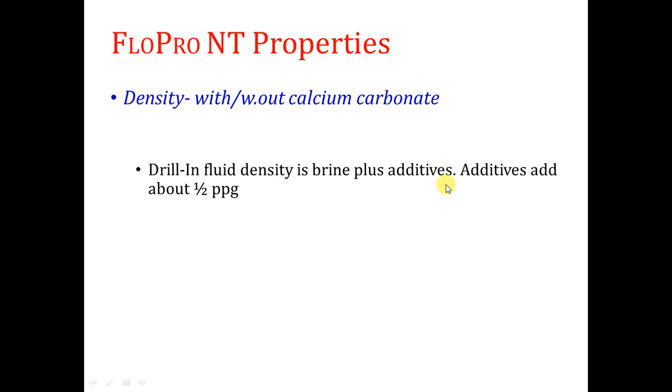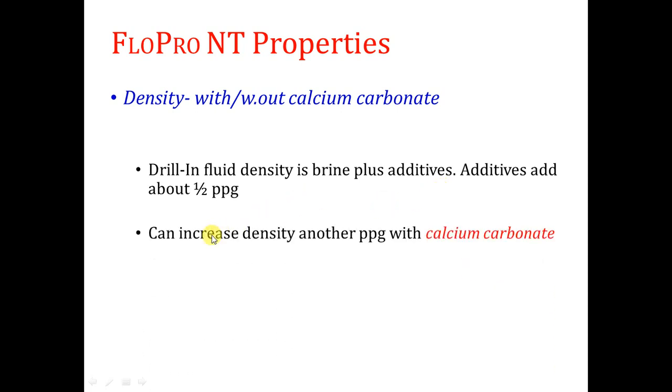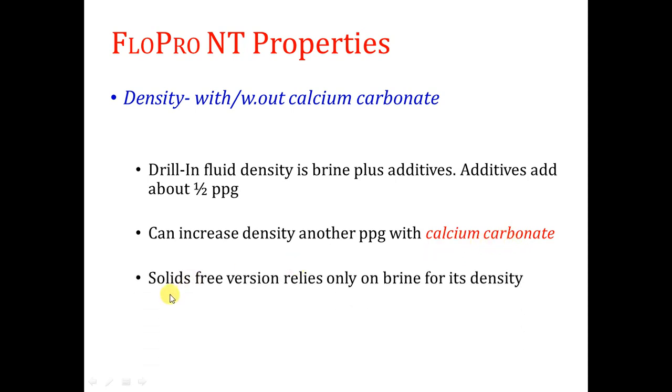Because we are taking the maximum weight of the salt, then we are adding the carbonates, for example, in order to reduce the solids as much as we can in the mud. Okay, we can increase the density another ppg by using the calcium carbonate, and calcium carbonate is acid soluble. Acid soluble, this is very important. The solid-free version relies only on brine for its density.